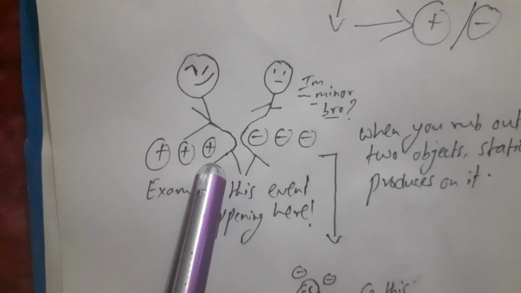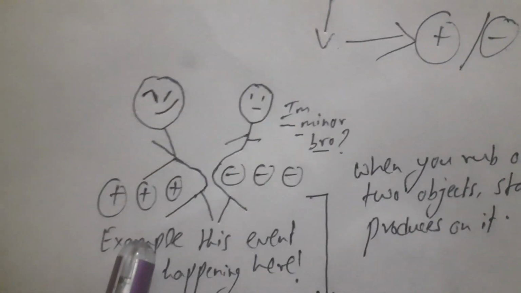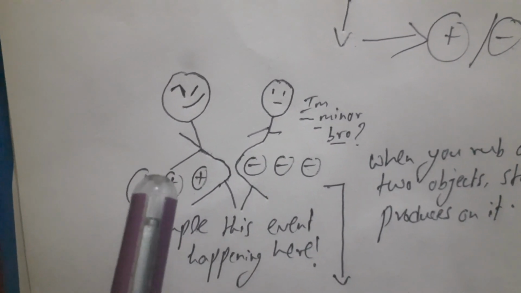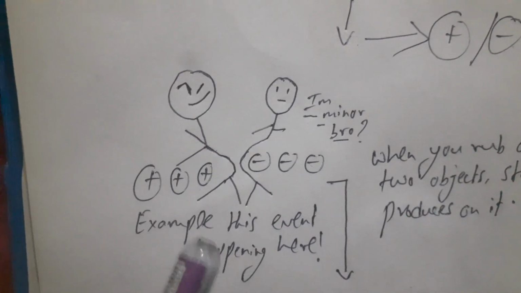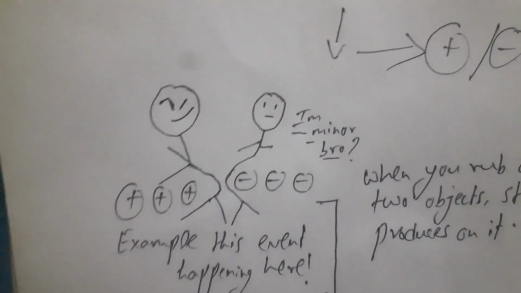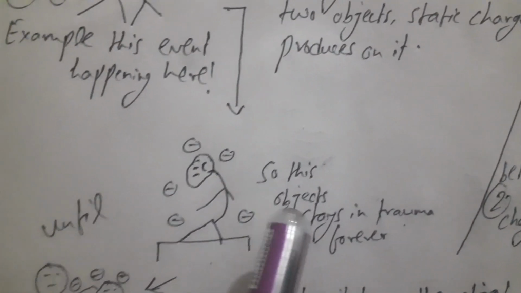When object 1 rubs this, charge transfers between these objects. Positive charge, negative charge, when both are rubbed, charge transfers. So let's move on.